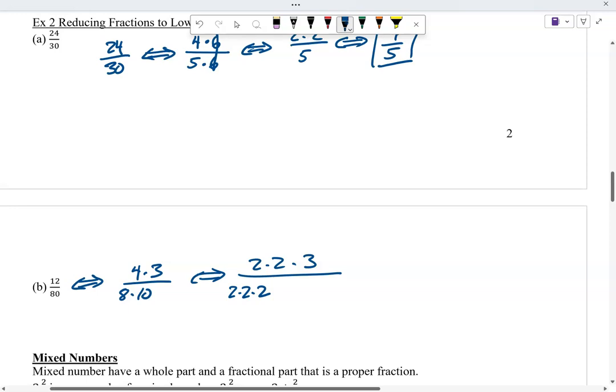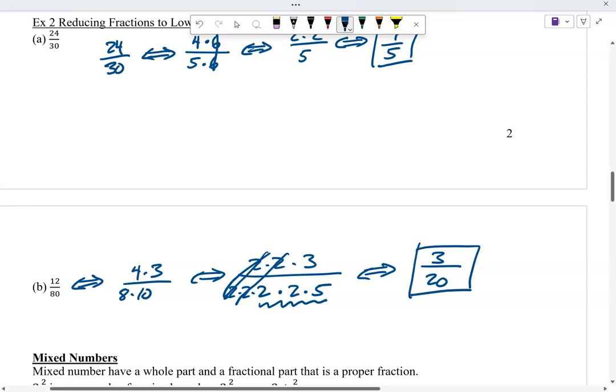And 10 is 2 times 5. Well, we know 2/2 is 1, so those cancel. We have another 2/2, which cancels. So we're left with a 3 on the top, and then 2 times 2 times 5. 4 times 5, we got 20. So 3/20 is the same thing as 12/80, but we have reduced it to lowest terms.